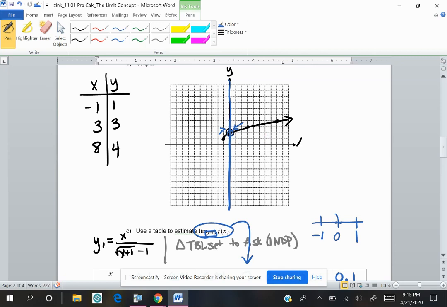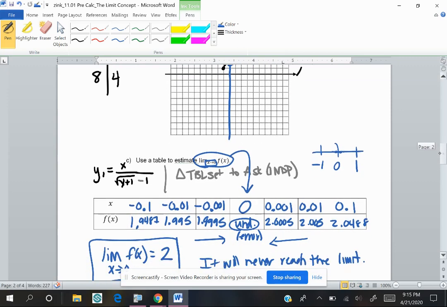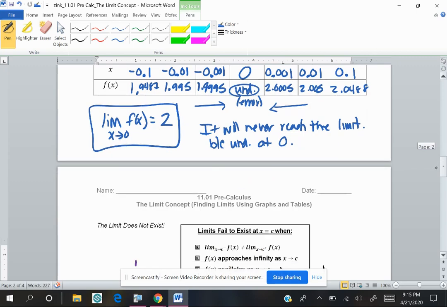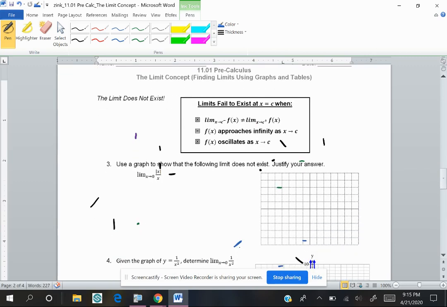But after looking at the limit, you'd know that that open circle is actually occurring at y equals 2, because that's the number you're getting closer and closer to. So that's how to do it with a table. You put the number that you're approaching in the middle of your table, and then you choose values that get really, really close. So those small decimal values do that.